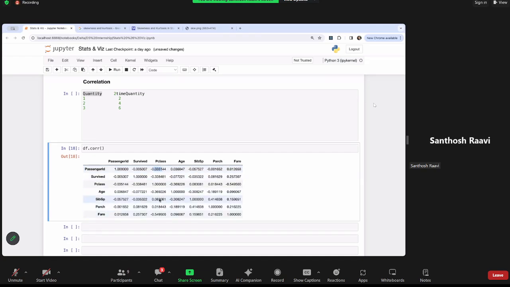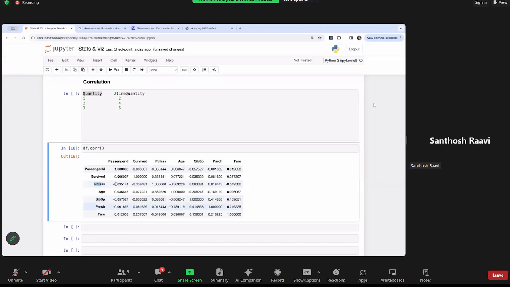So check for values very near to 1. You can't find any such value here. See, Pclass: compared with survived it is negative, age negative, sibsp positive but not very close to 1. Like that you can verify.